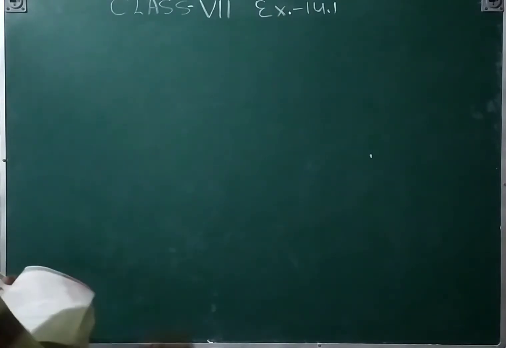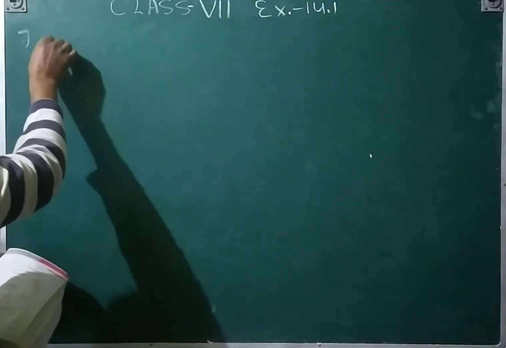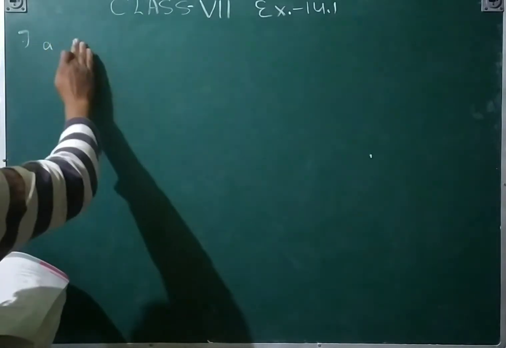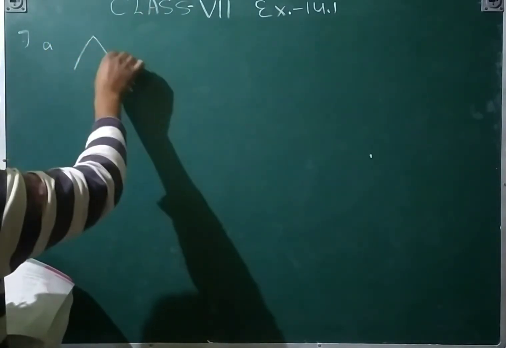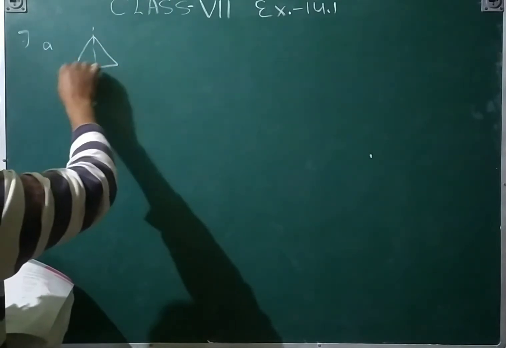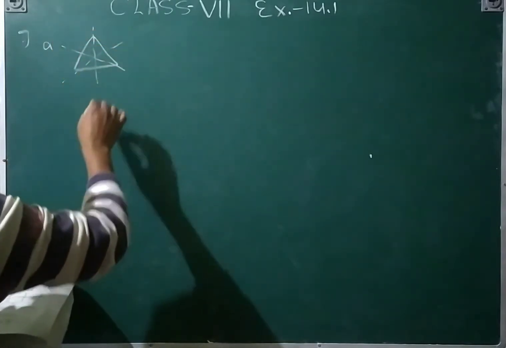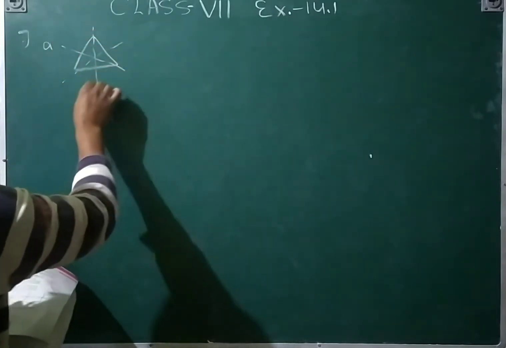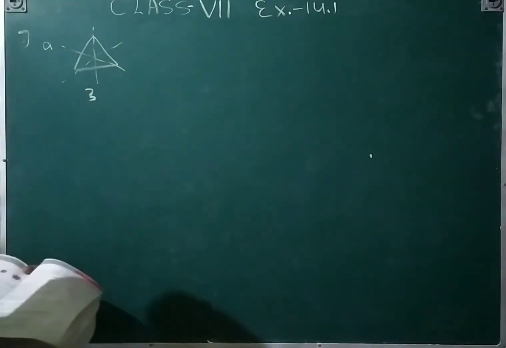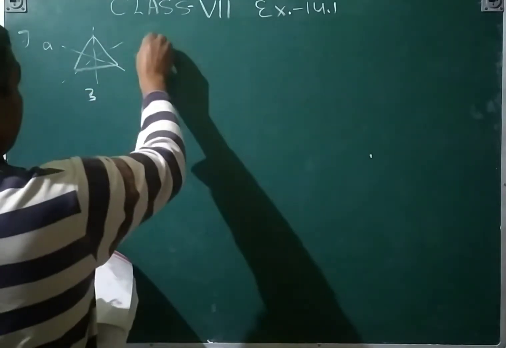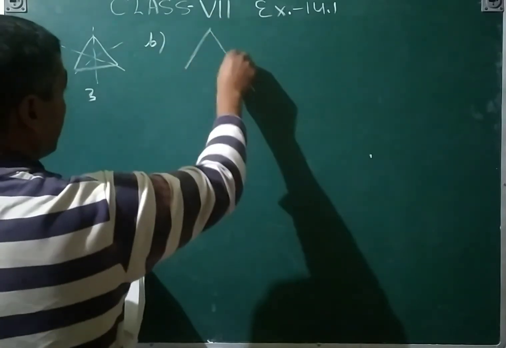A, equilateral triangle, that will be 3 lines of symmetry. How? See, this is the equilateral triangle, so that will be 1, 2 and 3. Only 3 lines of symmetry are there. And isosceles triangle only 1, because an isosceles triangle has only 2 sides equal.